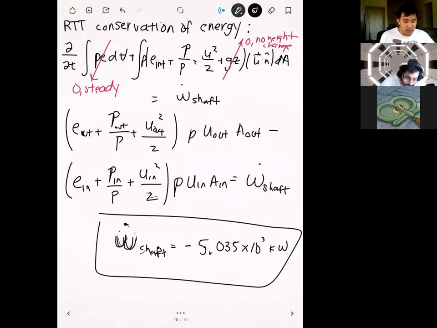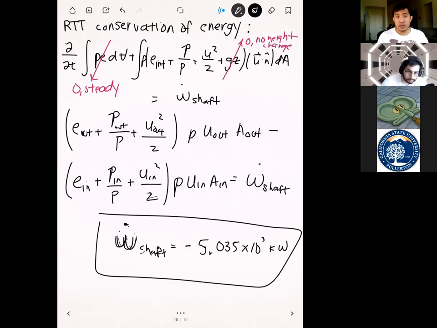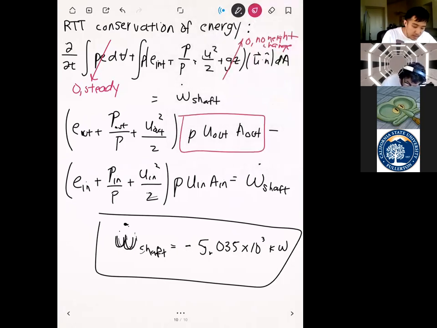All right. Any questions on this? Can you explain why you're multiplying that whole E out plus P out by the rho U out A out on the right hand side? Sure, definitely. This quantity right here, rho U out A out, comes from these integral expressions.